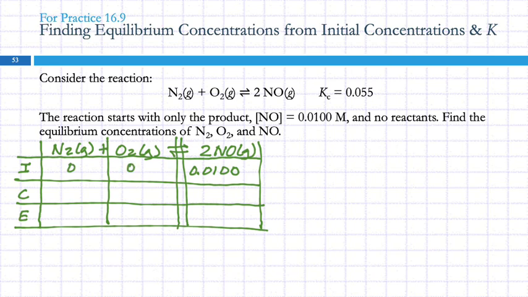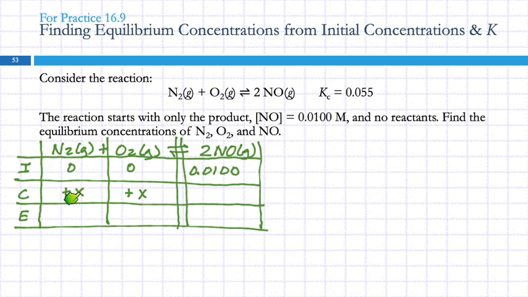So now I'm going to identify how these concentrations are going to change in terms of X. The N2 concentration is at 0. It cannot get any lower, right? It can't go down. It has to go up. And the coefficient here is 1. So this is going to increase by X. And the other reactant is also going to increase by X. We don't know what the change is.